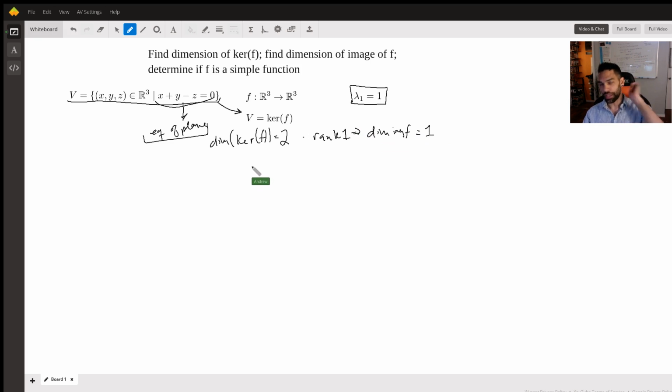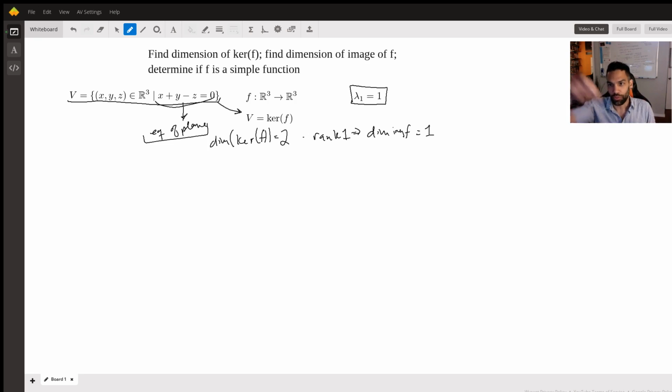And when you think about it, it also makes sense. If you're thinking about 3D space and imagining this plane, which goes through the origin, and the space being transformed such that that entire plane gets mapped onto the 0 vector, you essentially have all of that space being mapped onto a line that is orthogonal, normal, to that plane, the kernel.